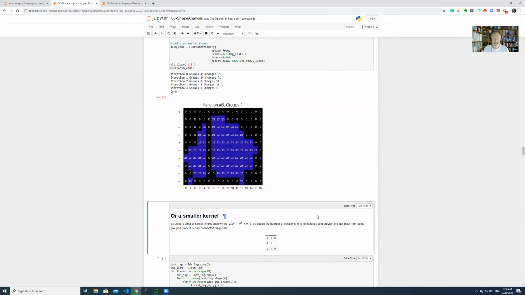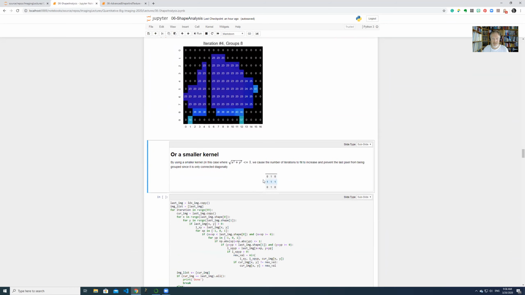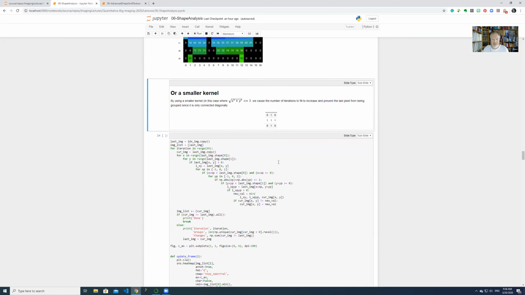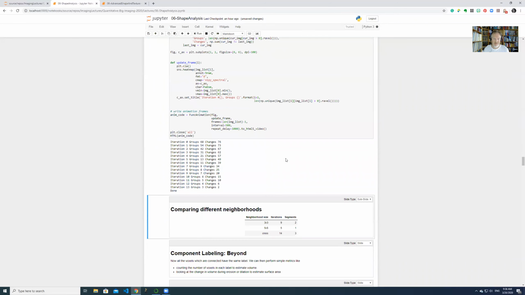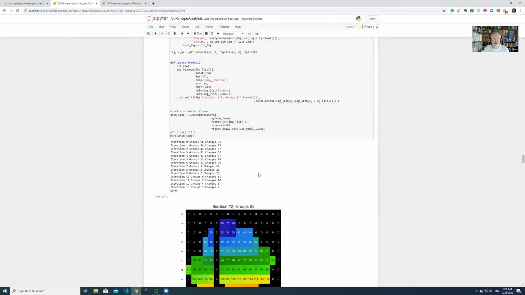The other alternative is to go for a smaller neighborhood, so looking at the cross instead. The first one had ones all over the kernel, but now we just look into the orthogonal directions. And running this, we get something else. First of all, you can see that there are many more iterations.